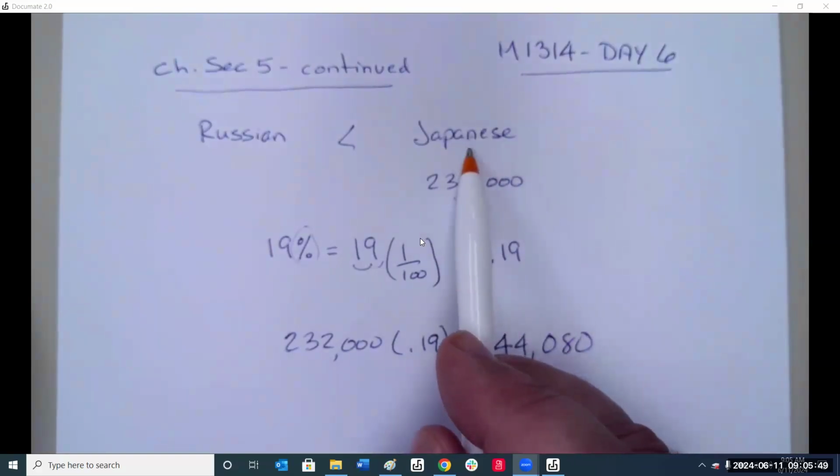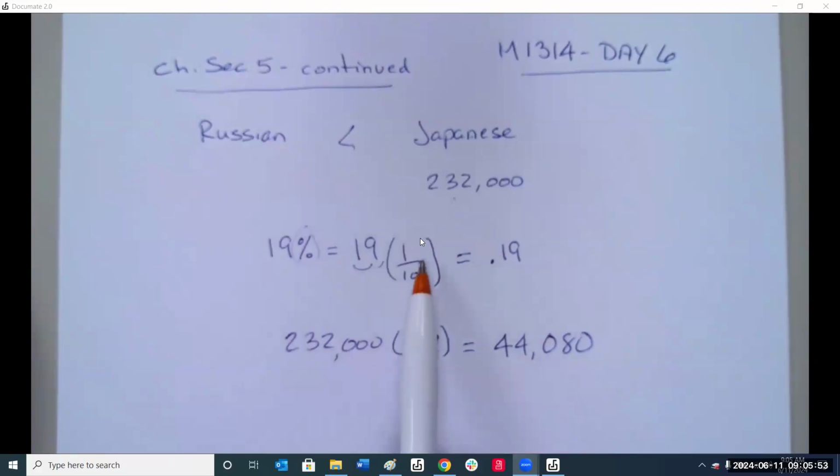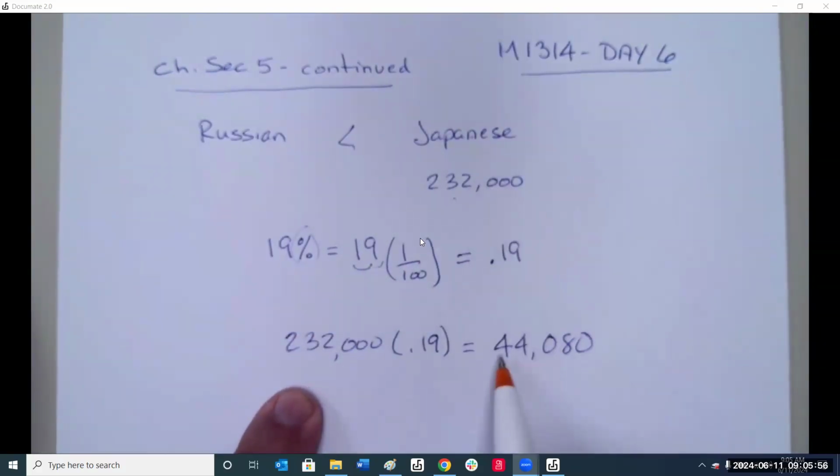How much more is the Japanese language than the Russian language? We said 19% of this. So the Japanese language has 44,000 more words than the Russian language. So how many words does the Russian language have?